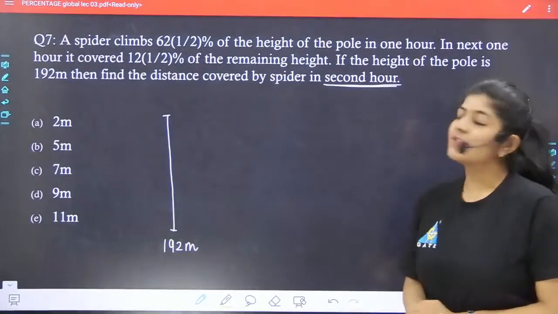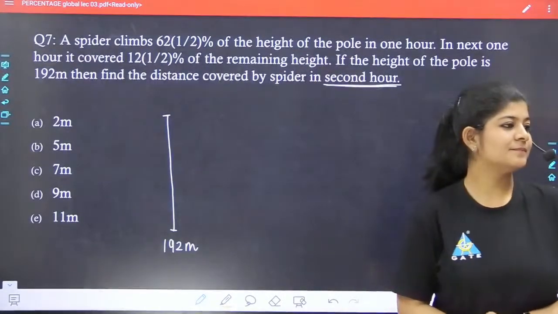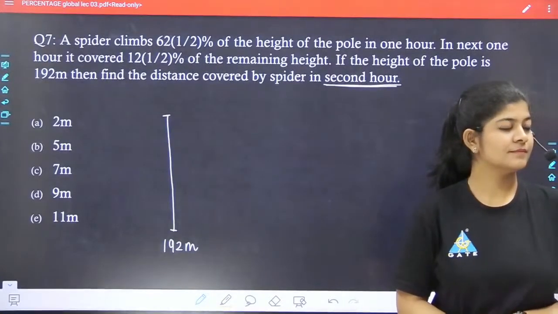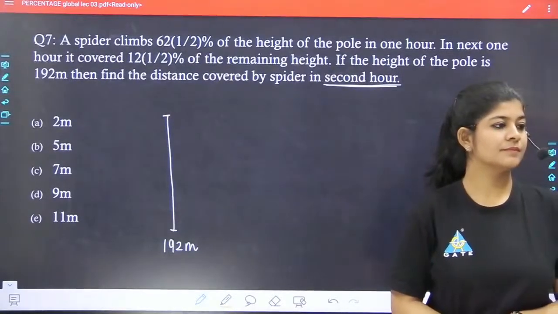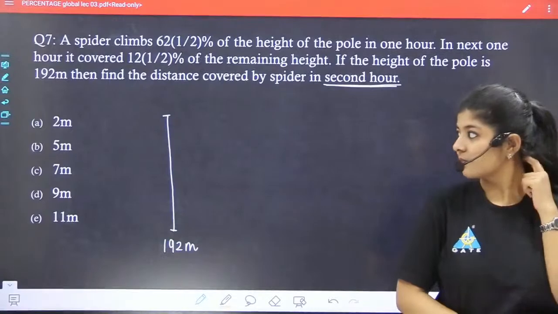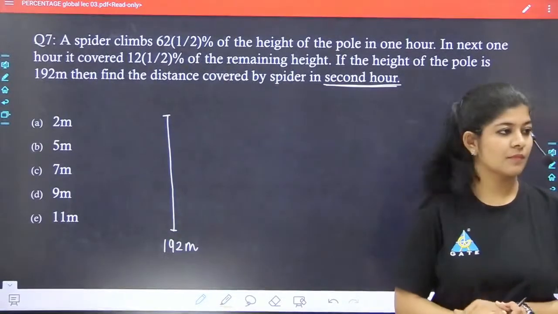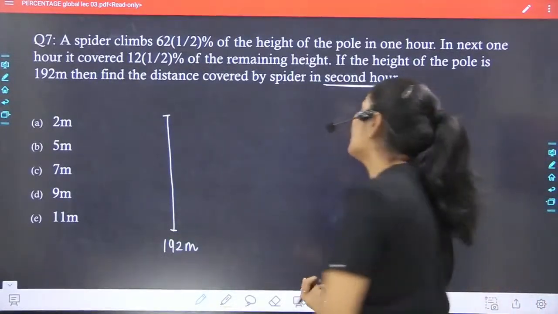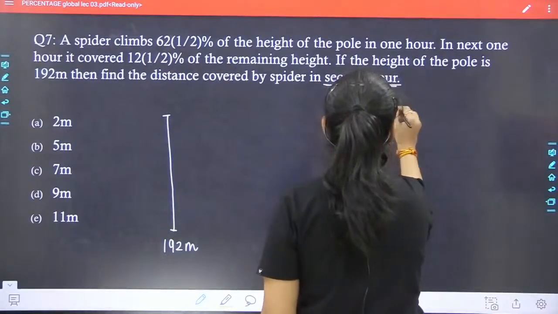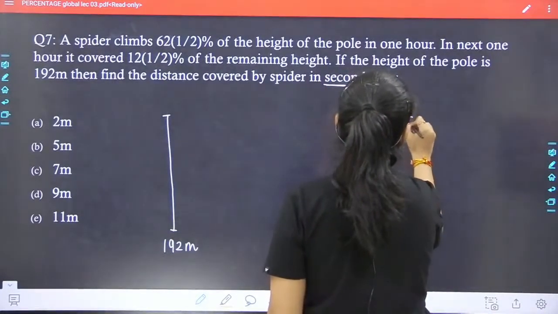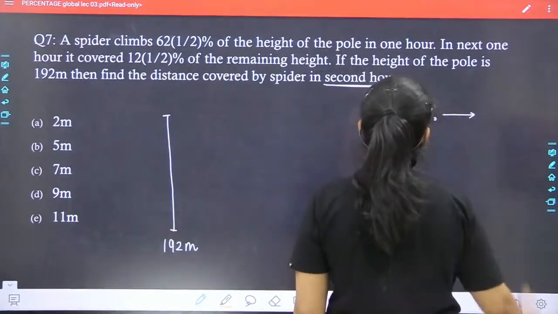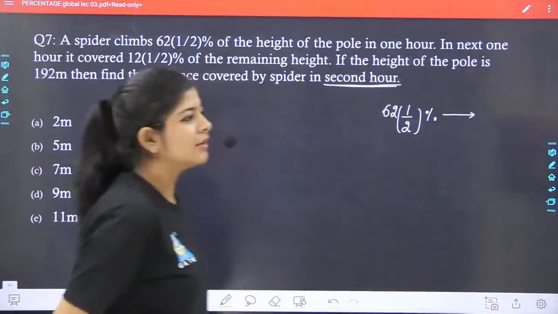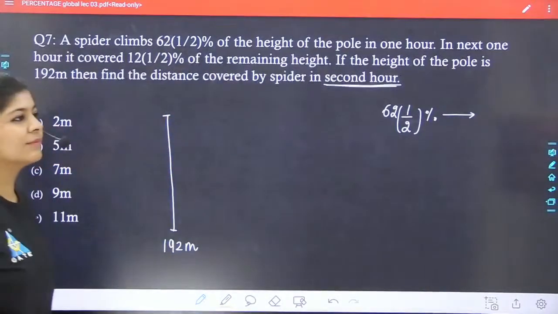What is the correct answer of question number 7? Okay. How do I write 62 1 by 2% in fraction?